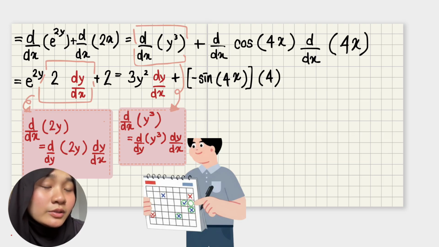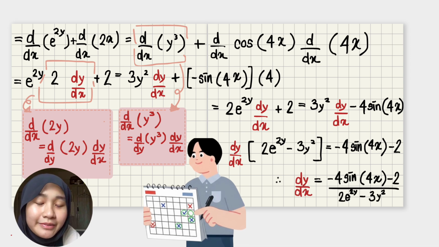For y to the power of 3, d over dx of y to the power of 3 equals d over dy of y to the power of 3 times dy over dx. We differentiate it and we'll get 3y to the power of 2 dy over dx.